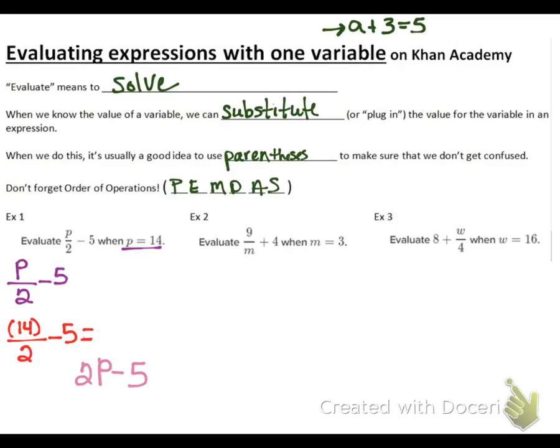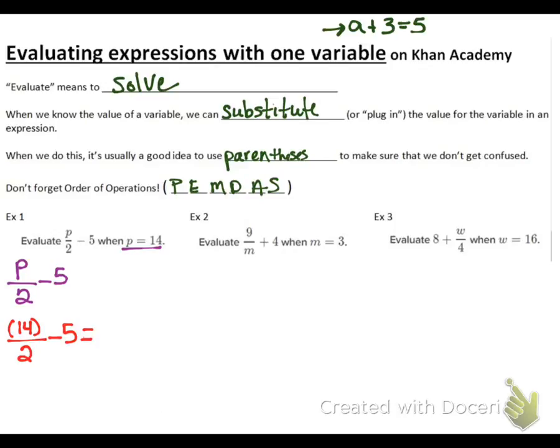Multiply. So if I just plug that 14 in without putting parentheses around it, it'd look like 214, right? And I take away the operation. So that's why I'm going to put parentheses around the number that I substitute for the variable. It won't always be necessary, but it's good to get in the habit of doing it now. So when you come to a problem like that, it won't get you confused.